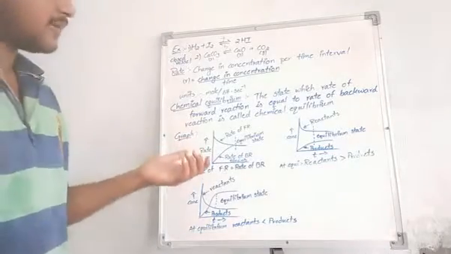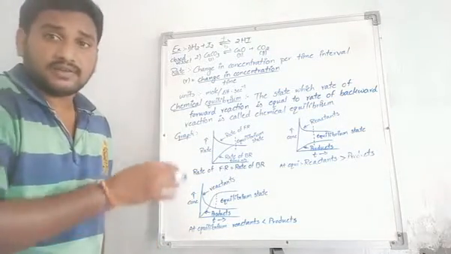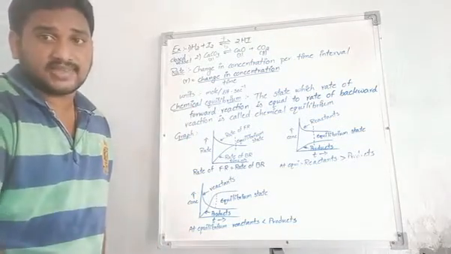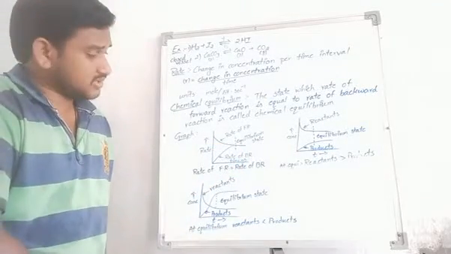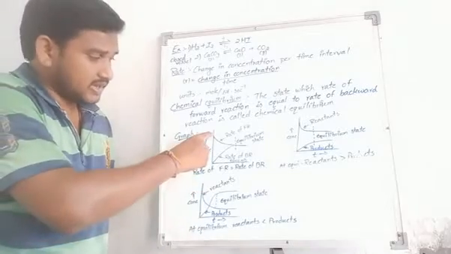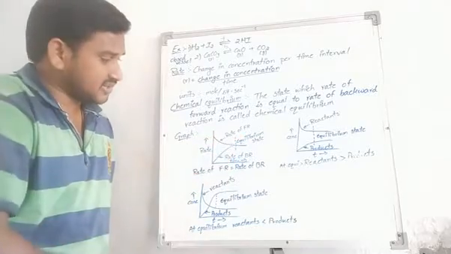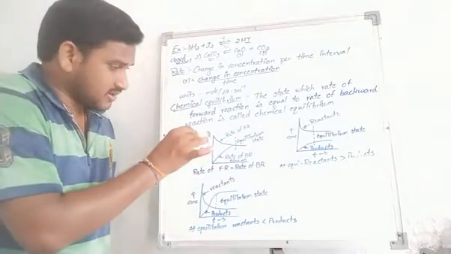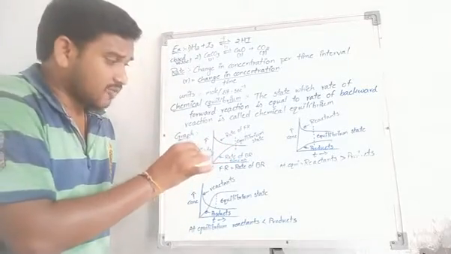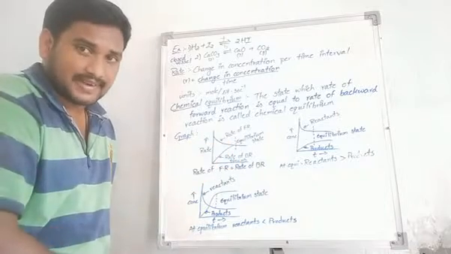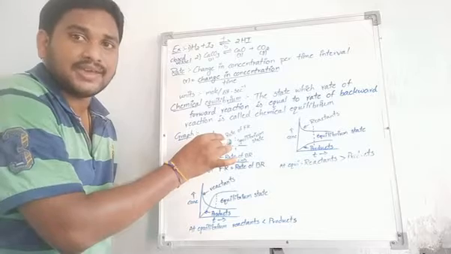Students, the graphical representation is the most important. In the graph, rate is taken on the y-axis and time is taken on the x-axis. One more point: there is a reactant curve and a product curve. In the first graph, the concentration of reactant decreases and the concentration of product increases, and at a certain point, the end point, is the equilibrium state.